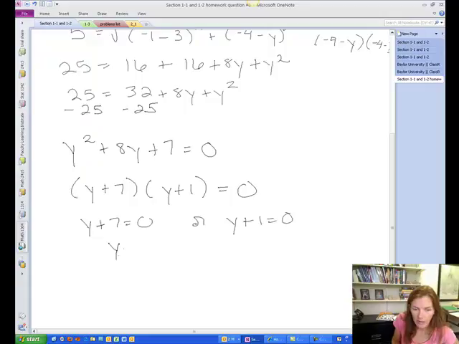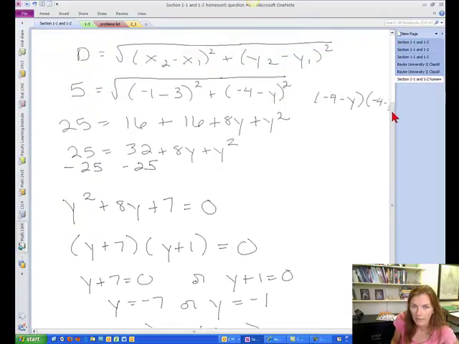And so finally I get y equals -7, or y equals -1. And so the 2 points are the point (3, -7) and the point (3, -1), because remember your x coordinate was the 3.